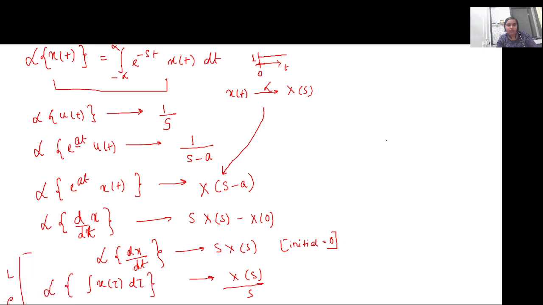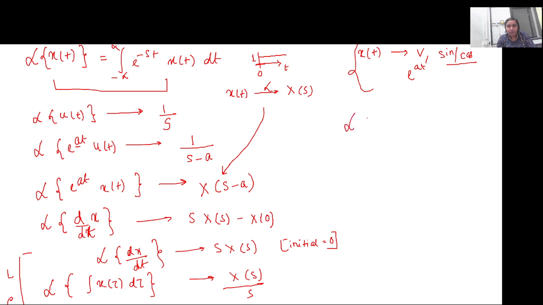Then we will come across terms where we have to convert x of t, which can be in the form of a constant voltage, or sinusoidal voltages, or something exponentially decaying or increasing. x of t can be various of these.